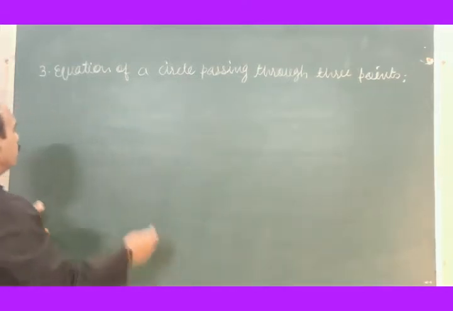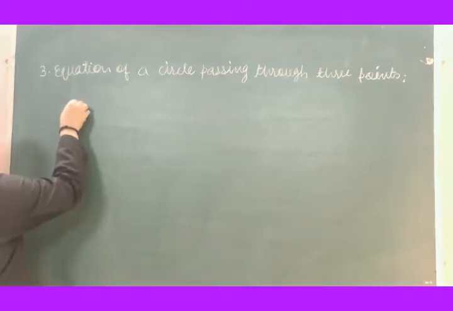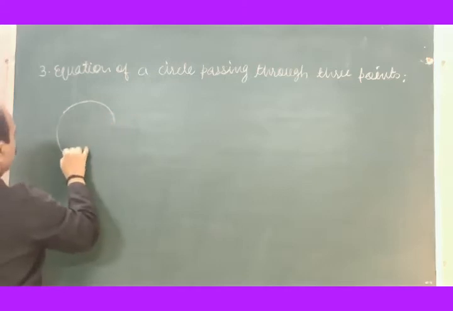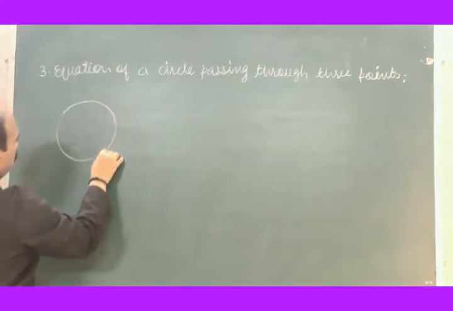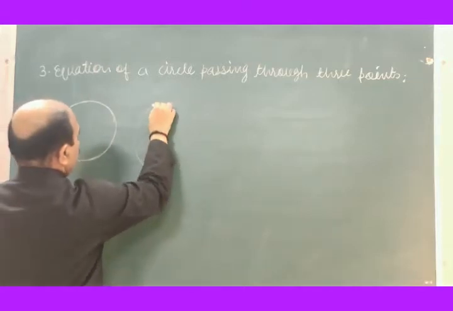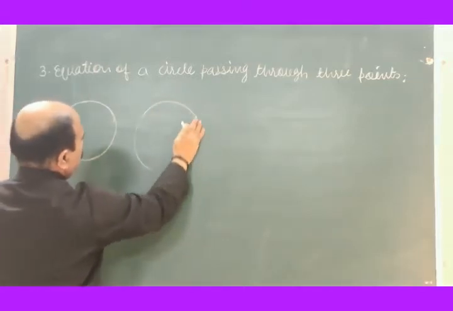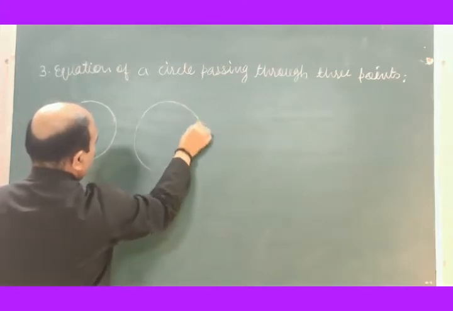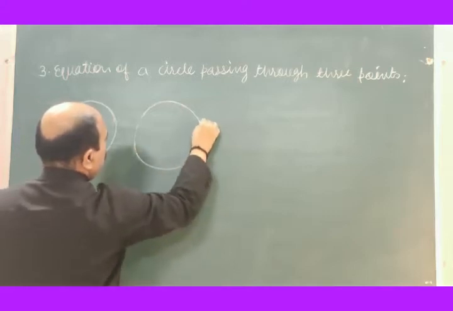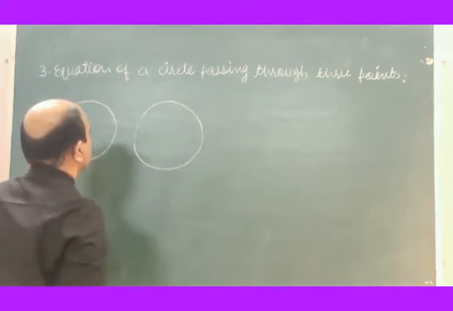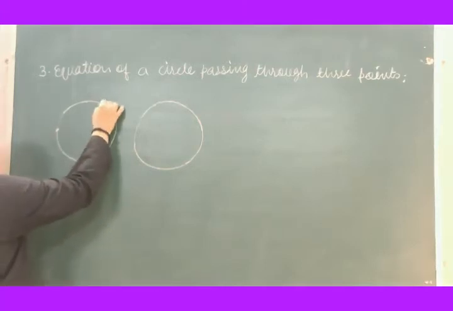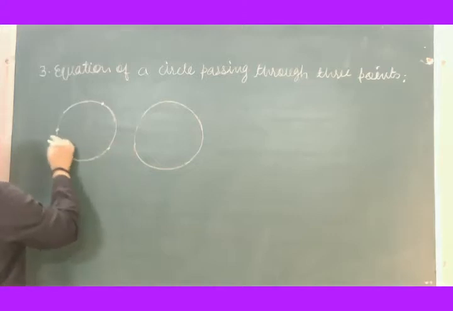Let us draw a circle. Let us suppose this is one point, this is second point, this is third point.